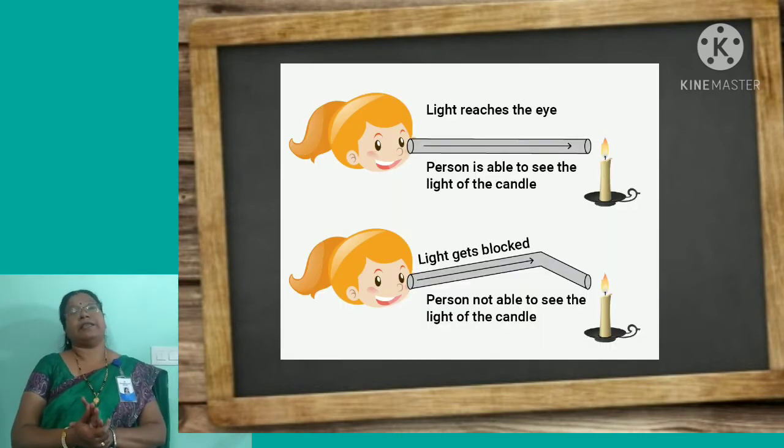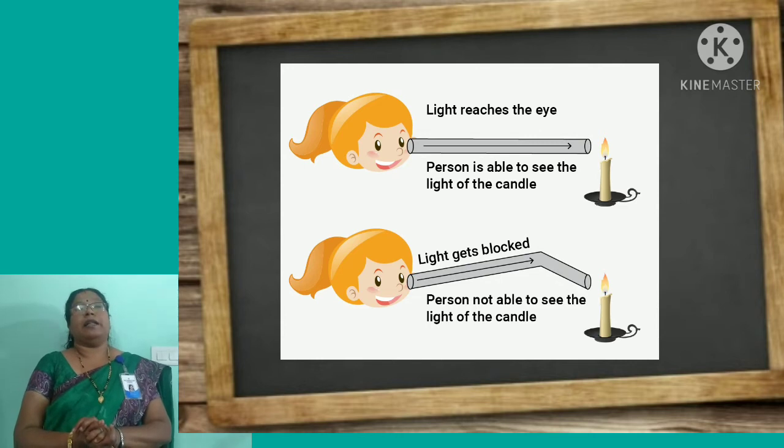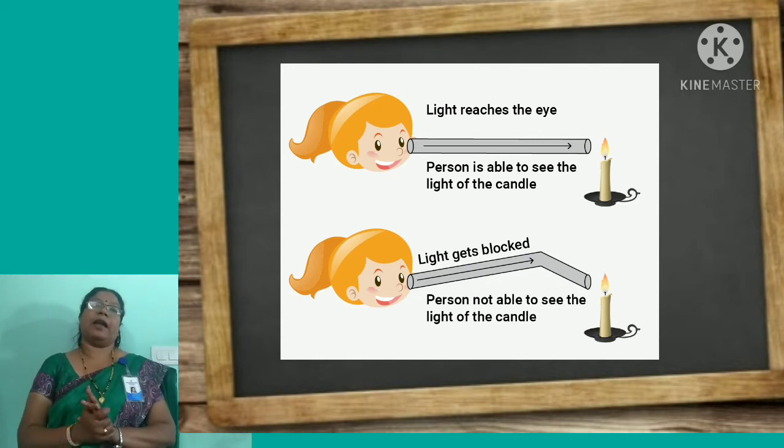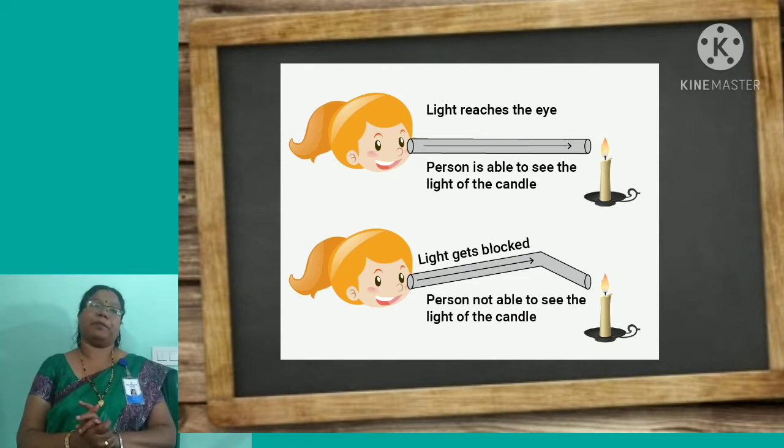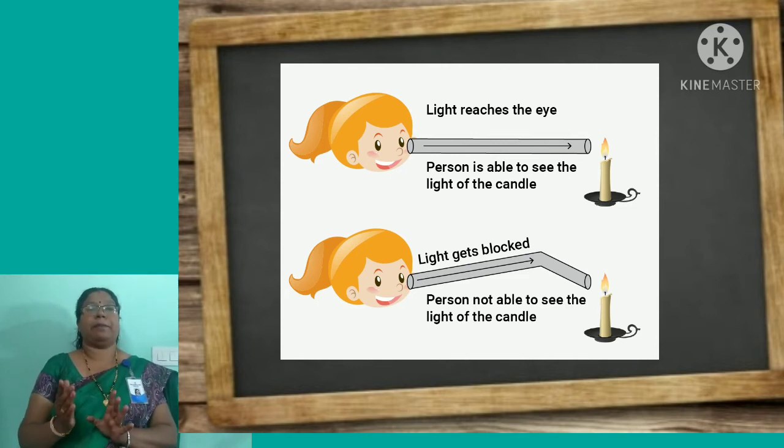There is an activity given in your textbook that is shown on the board. A straight pipe is taken and it is held in front of a lighted candle. If you look through this straight pipe, then you can see the lighted candle. The next activity is you take a bent pipe, a pipe which has a bend, and you try to see the candle through this bent pipe.